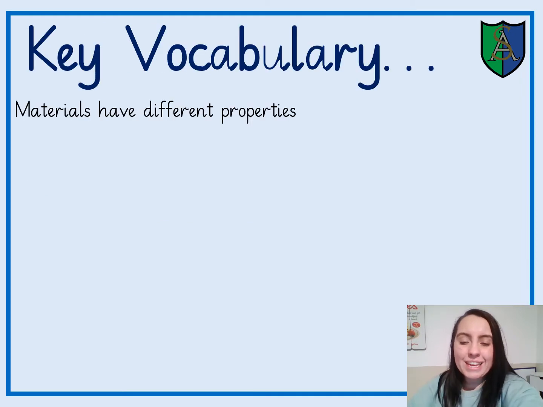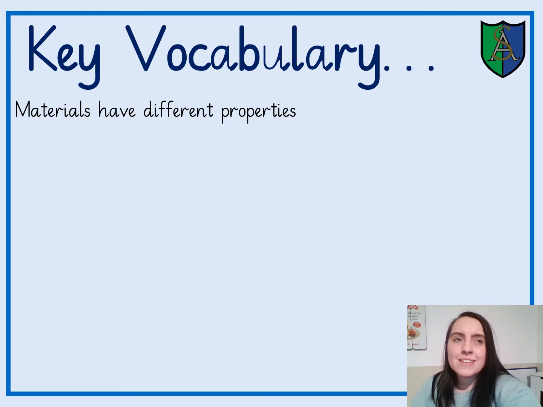Okay, children, key vocabulary time. With today's key vocabulary, we're going to be looking at properties of materials. All materials have different properties, okay? For example, the properties of glass are that it is transparent.